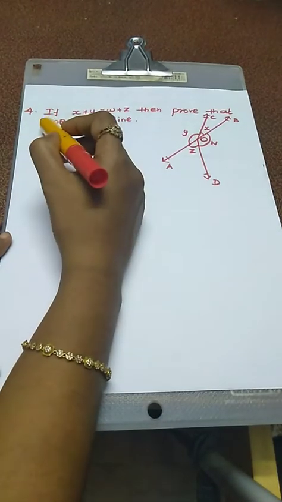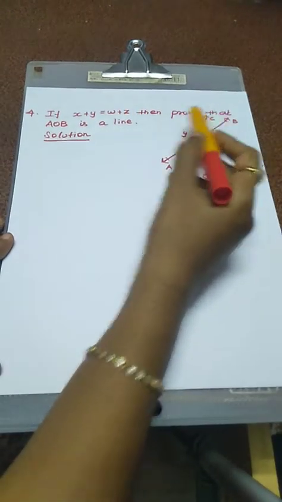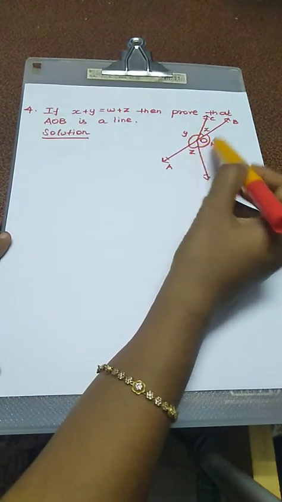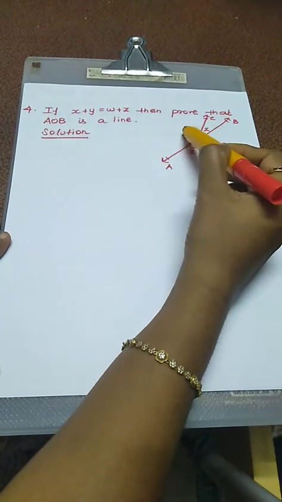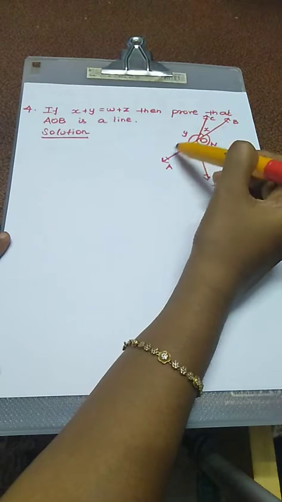Next problem. If x plus y is equal to w plus z, then prove that AOB is a line. One diagram is given, and some values are mentioned. One condition is given here, that x plus y is equal to w plus z. We have to prove AOB is a line.